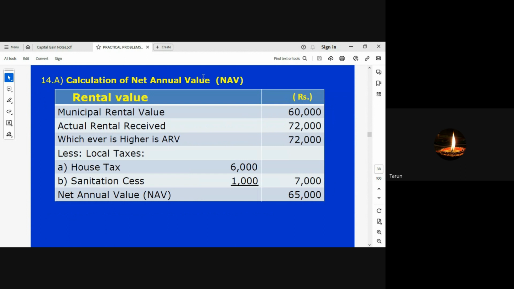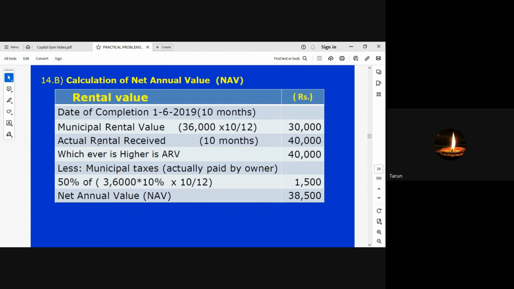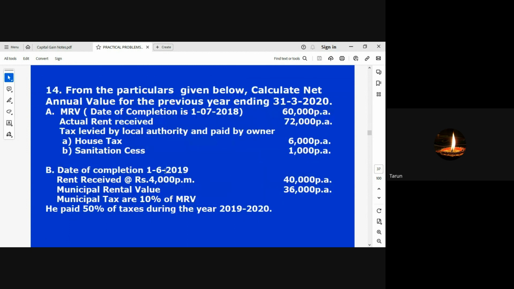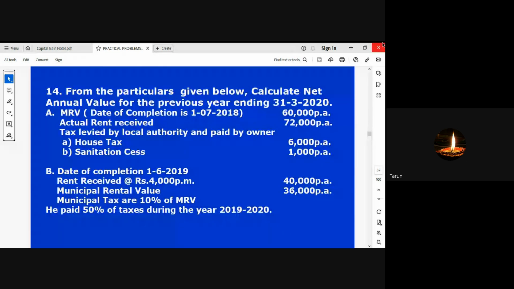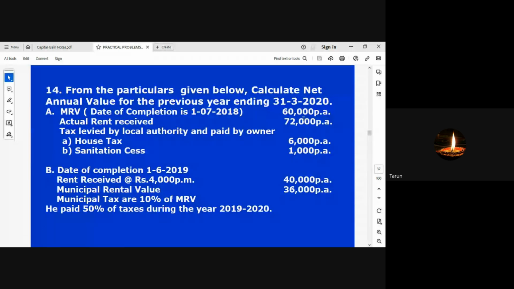So municipal rental value in case B, the date of completion is 1st June 2019. Why have we considered only 10 months here? Because in this question the date of completion is 2019 and the previous year ending is 2020. When the date of completion begins from 2019 and the ending period is 2020, then we start calculating the date of completion period and date of letting period.